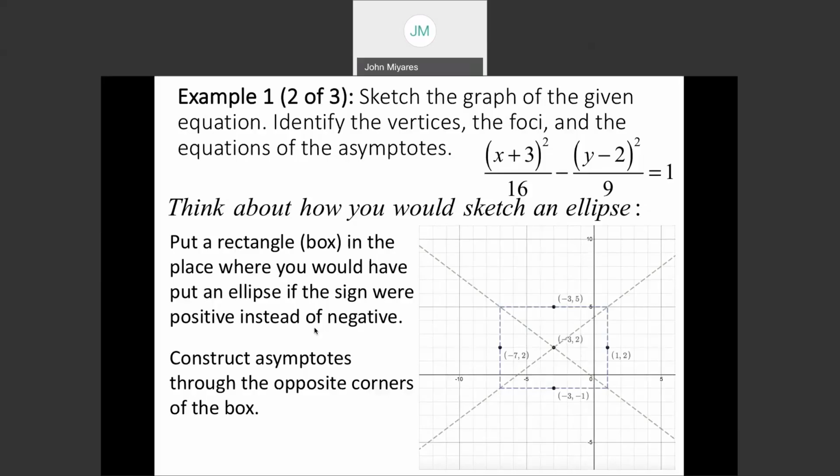So the box is going to serve as our guidelines for constructing our asymptotes. Second, we know where the vertices are located, and we know that the hyperbola opens to the left and right. So we can draw our hyperbola with the given vertices and have them open and approach those asymptotes, like so.